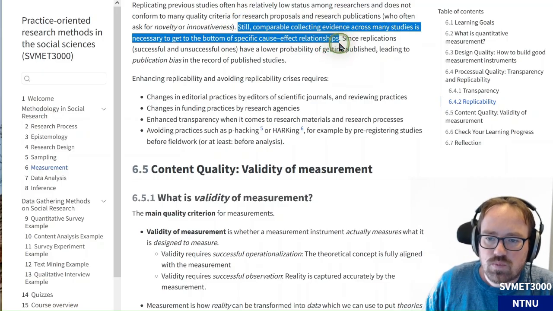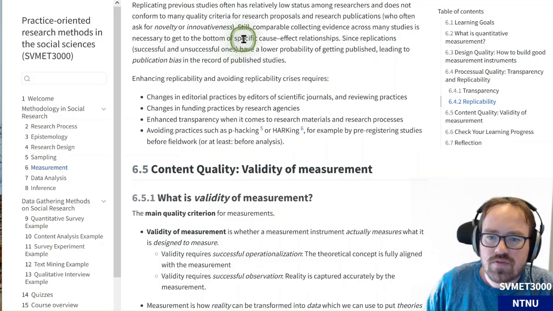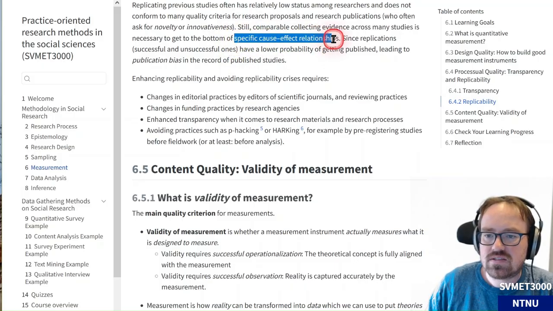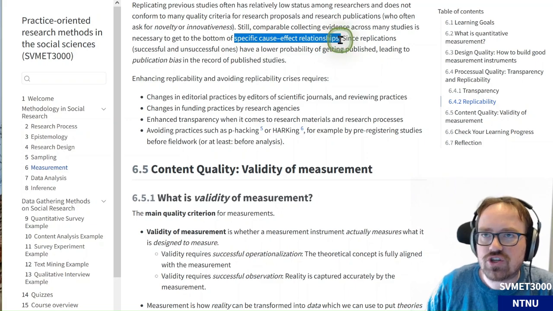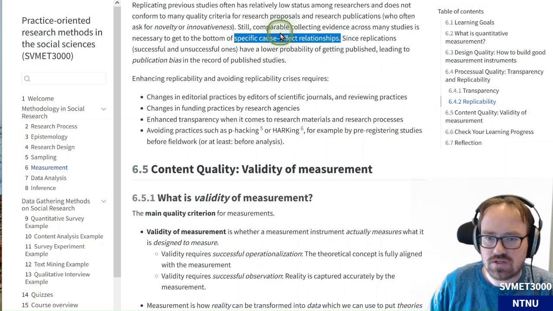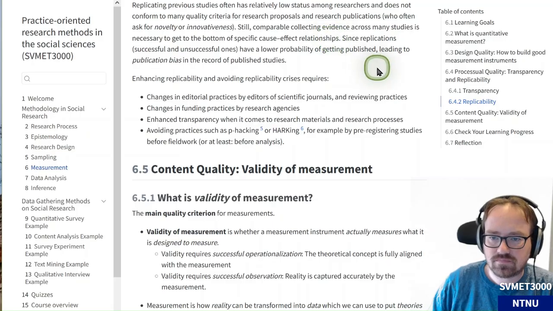Otherwise we can't really get to the bottom of the specific cause-effect relationships. We are again in this area of rigid testing research, particularly. Their replicability is of very high importance.